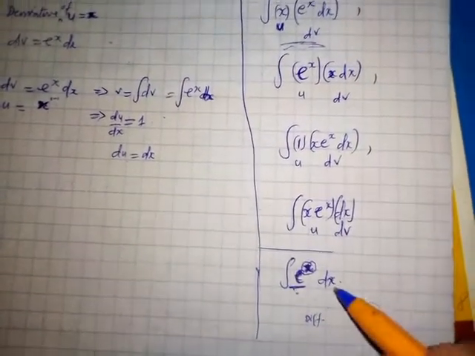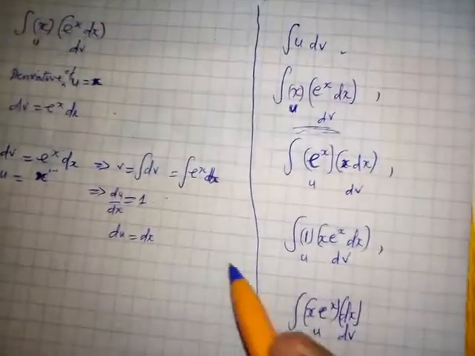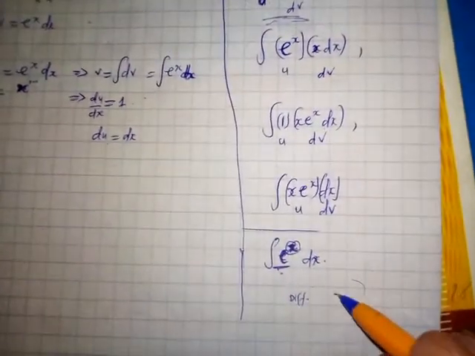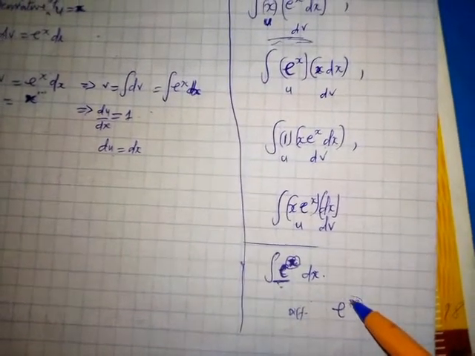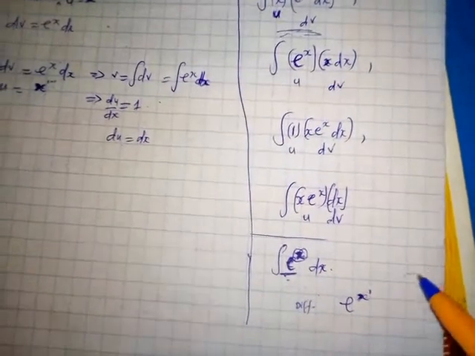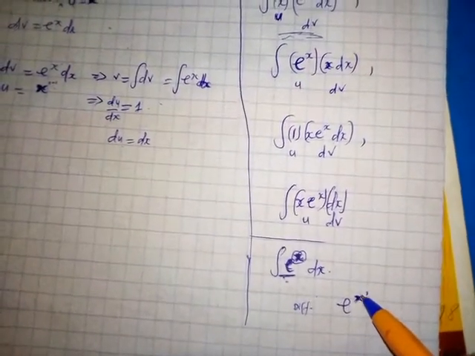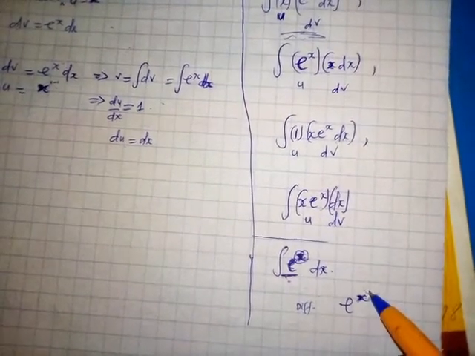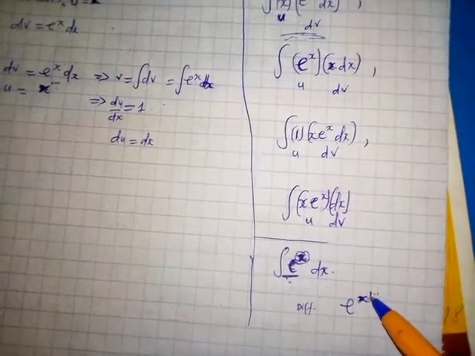For example, we have e raised to power x. Remember, x here is raised to power 1. If we differentiate x, we reduce the power by 1, 1 minus 1, so it will be x raised to power 0, which is 1.